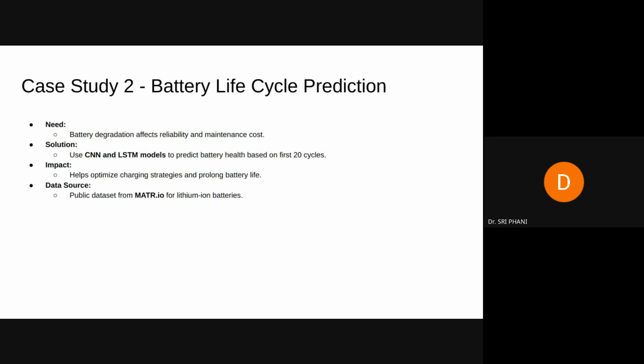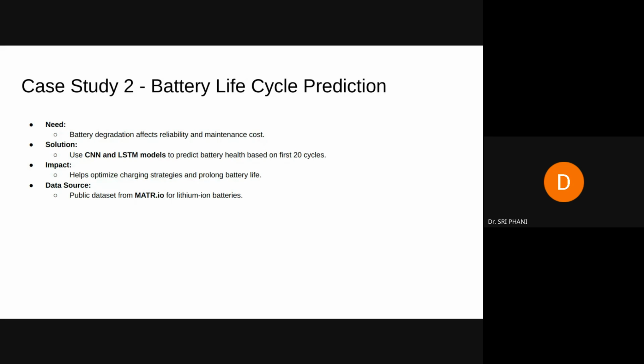We got good results, and we are able to predict the remaining useful life with only the first 20 cycles, with varied kinds of batteries. But it was identified that transformers, which we have discussed previously, have a better implication, and can predict with fewer than 10 cycles, or just the first 10 cycles.